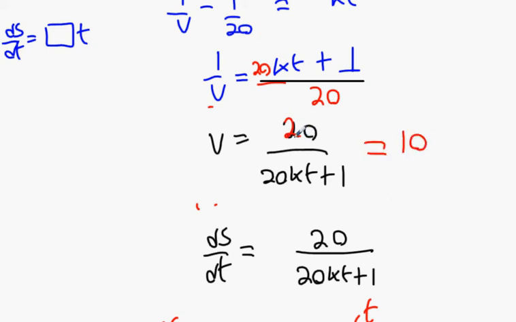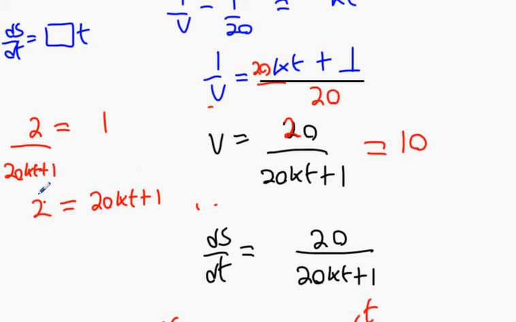Now, this here becomes 20 and 10. We can divide both sides by 10, and we're going to get 2 equals 1 over 20kt plus 1. Bring the 20kt plus 1 up: 20kt plus 1 equals 2.